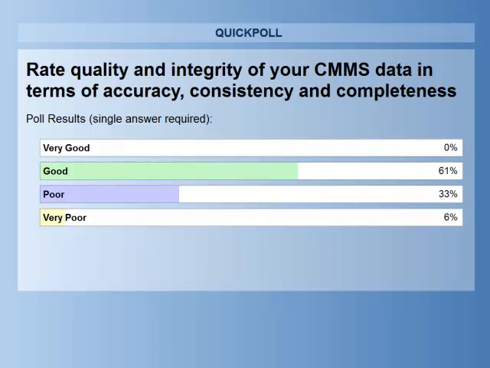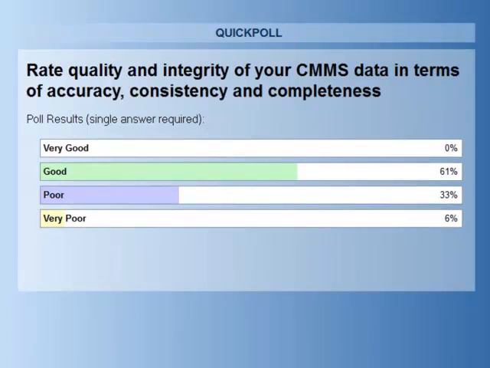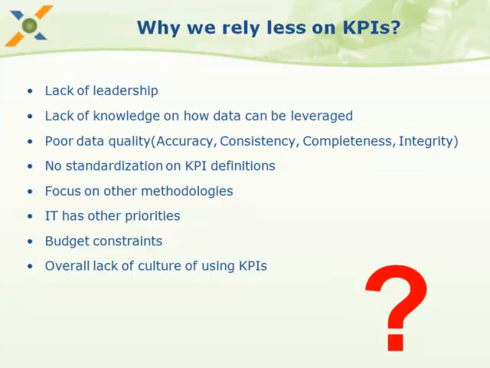Okay, but I'm happy that at least we all believe we have good data, and some of the KPIs we have seen people use will actually help improve the data quality itself. There are many challenges related to data quality, and the lack of data quality is really contributing, in many cases, to why people rely less on KPIs.